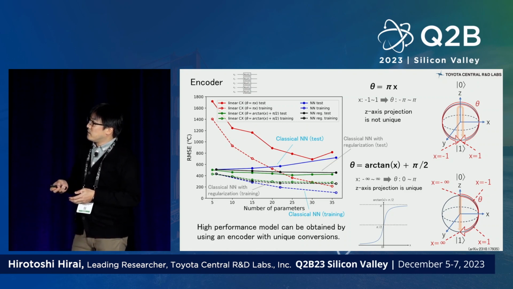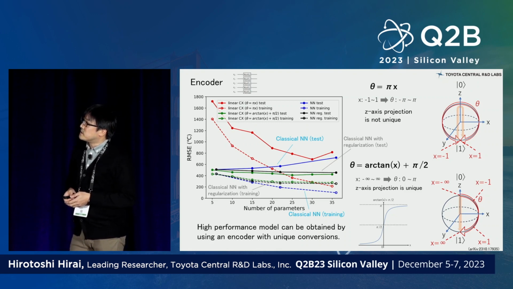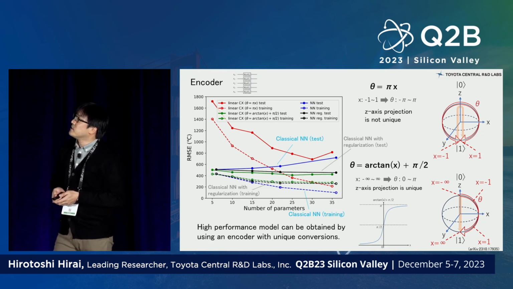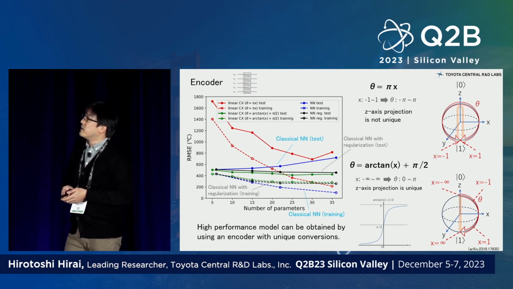Focusing on the classical neural network model, with and without regularization, the solid blue line shows the result for test data, and the dashed blue line shows the result for training data.